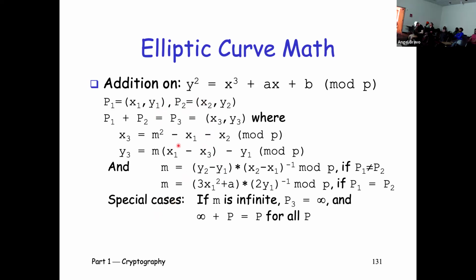It means that I can compute x3 by squaring the slope of those 2 points. Now, this is recalling a little of your math classes back in the day.